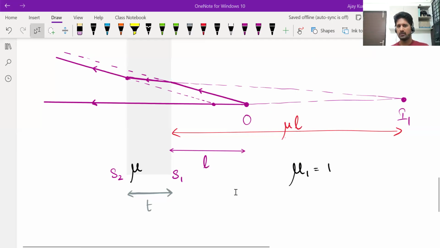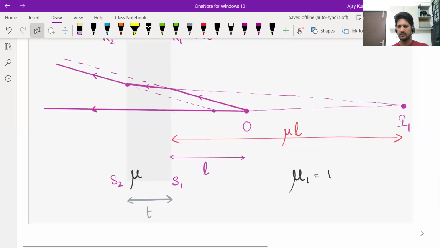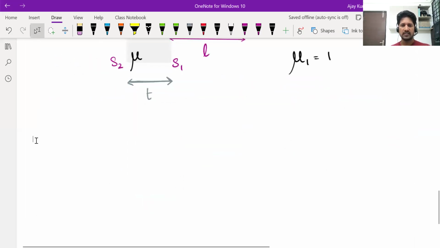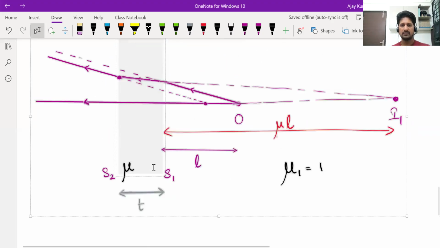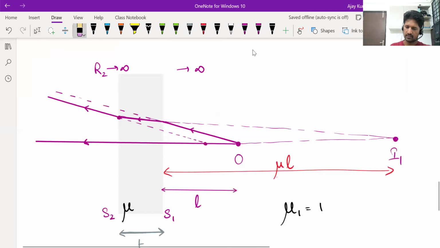So now the second refraction can be visualized like this. You need to get used to all this. For the second refraction, the original object doesn't even matter. Then how should we treat it? Let's forget the original object. Let's remove the original object from all this.